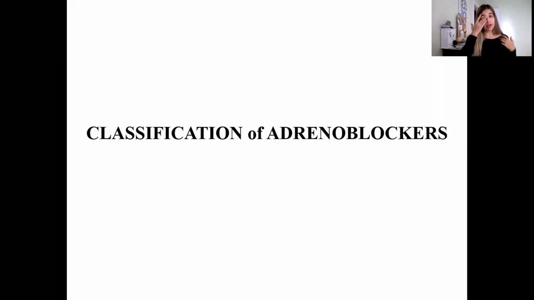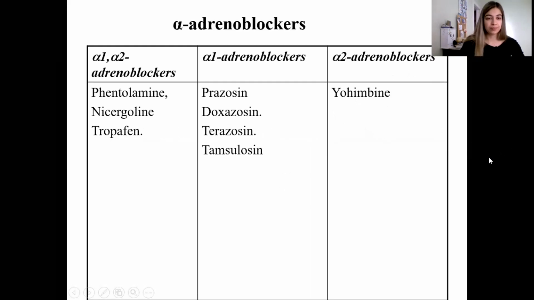That's why our problem is actually overactivity of the sympathetic system. In this case, using drugs which block the effects of the sympathetic system becomes more and more relevant. So that's why we use adrenergic blockers quite often.